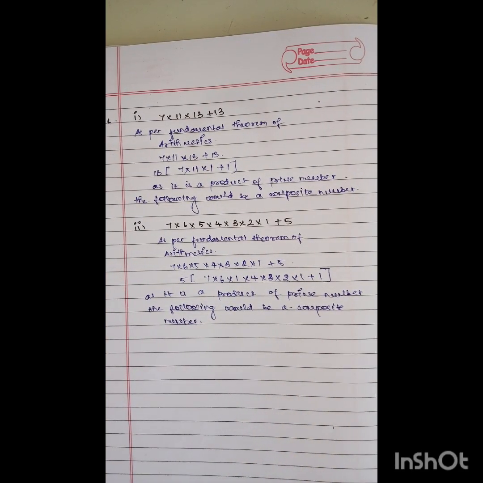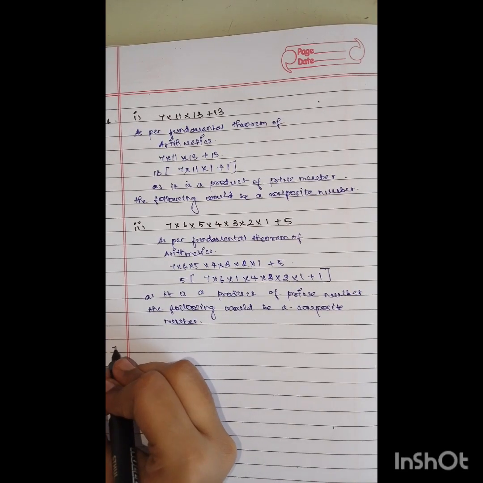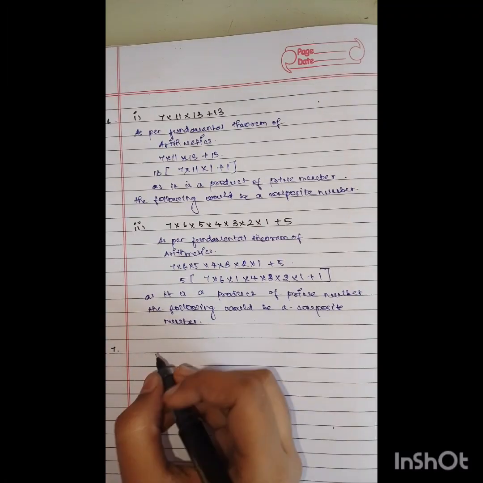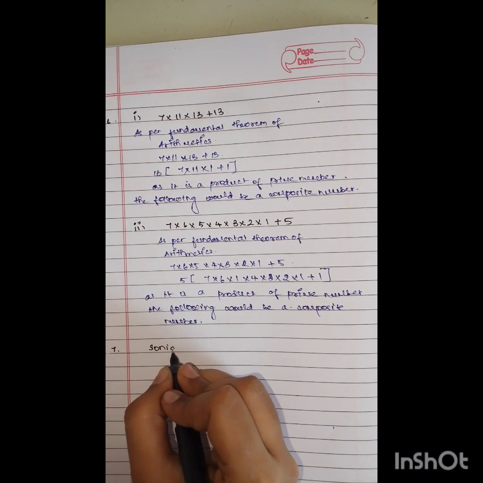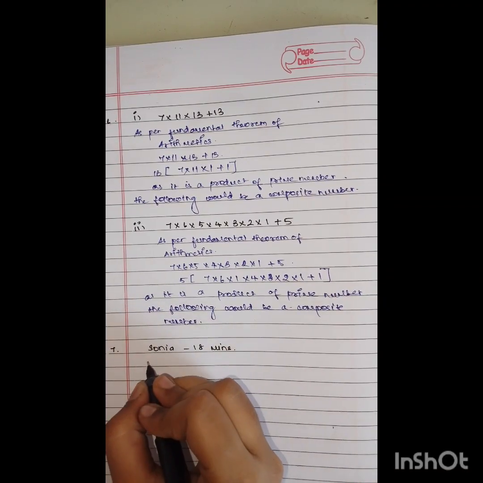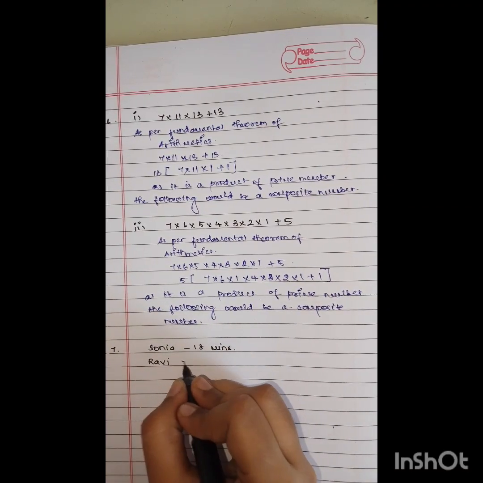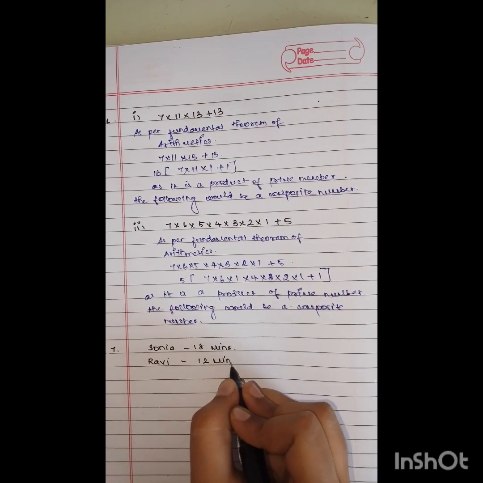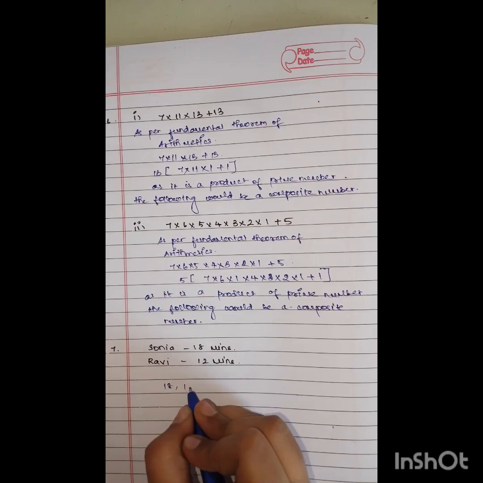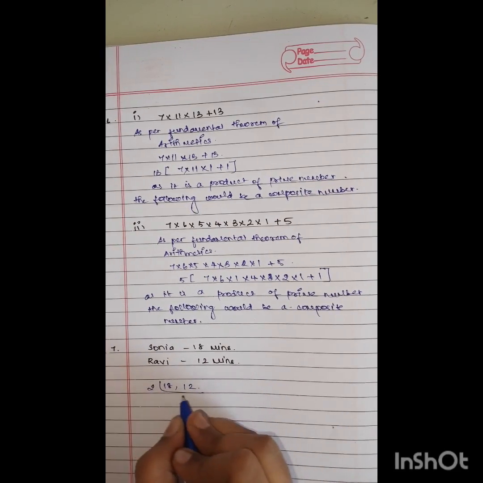So we have a seventh question, which gives details about Sonia and Ravi, who are cycling around a park. Sonia takes 18 minutes to ride one round on the circular path, whereas Ravi takes 12 minutes. They both start from the same point at the same time and go in the same direction. We are asked after how many minutes they would meet again.